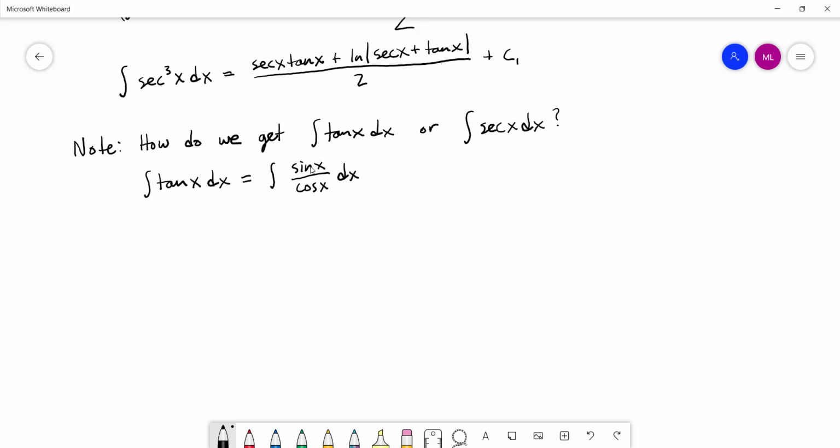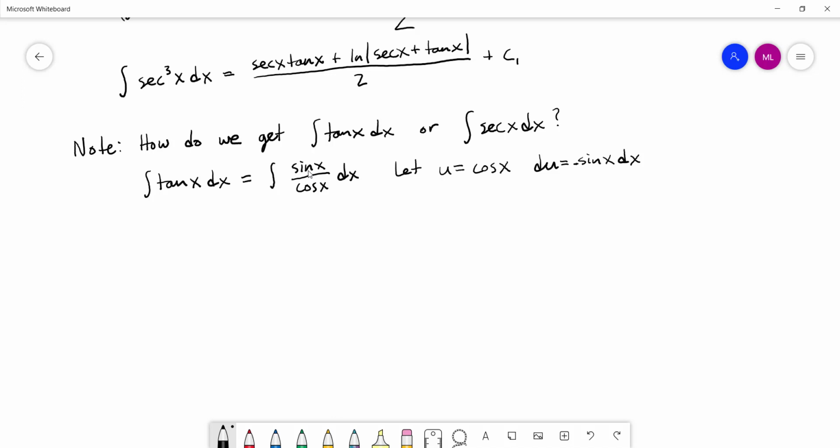So I'm going to let u be equal to cosine of x, and that means that du will be equal to the sine of x dx with a negative sign. Okay, so that's one way that we could pick this. So far, so good.